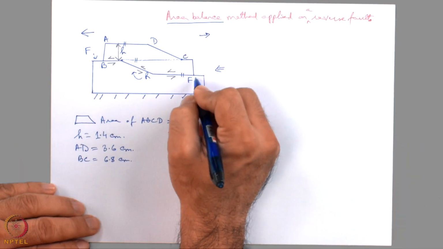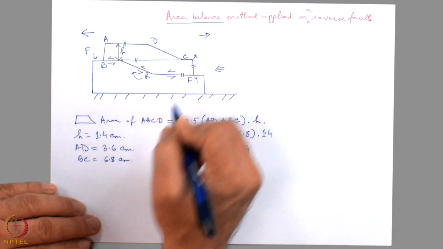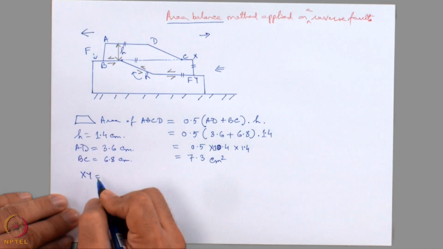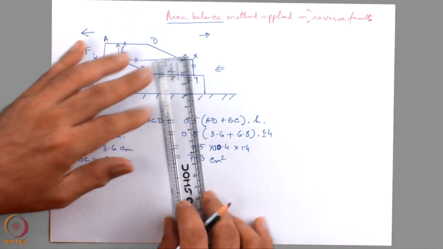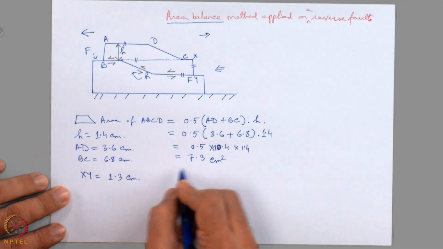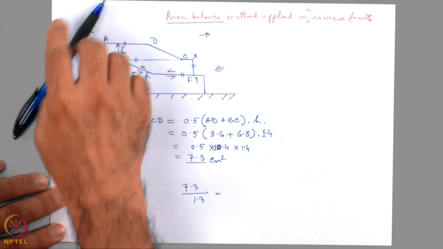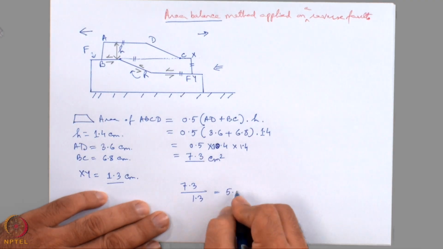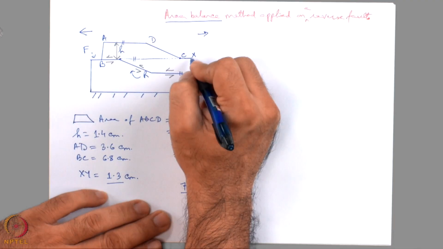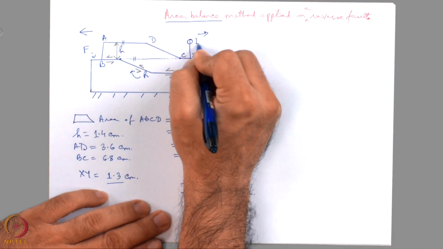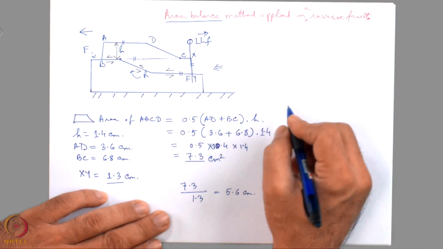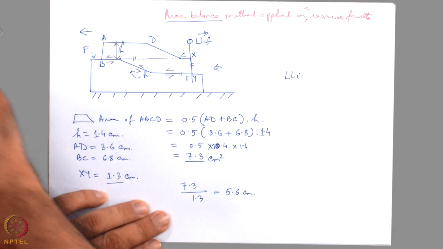Find out the distance xy, this line length. Xy length is 1.3 centimeter. I divide 7.3 by 1.3 to find out the length, 5.6 centimeter. Consider this line as the loose line final, and I want to locate loose line initial.